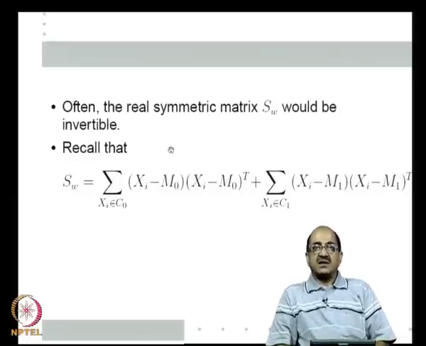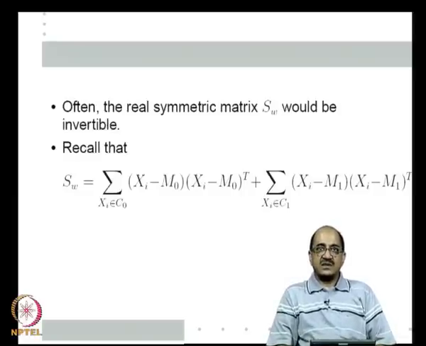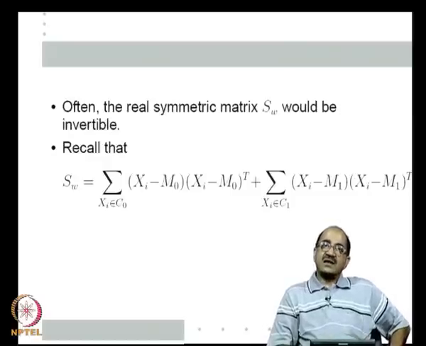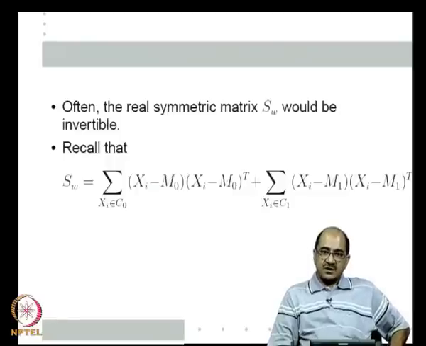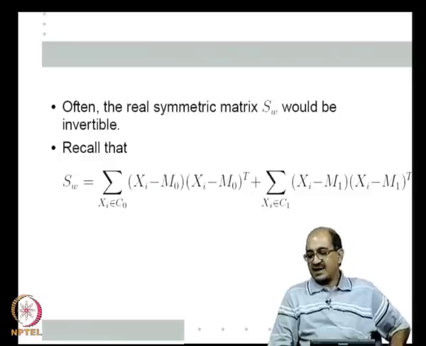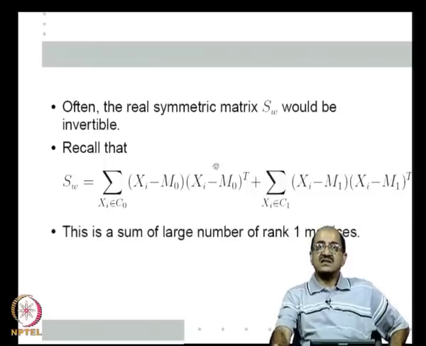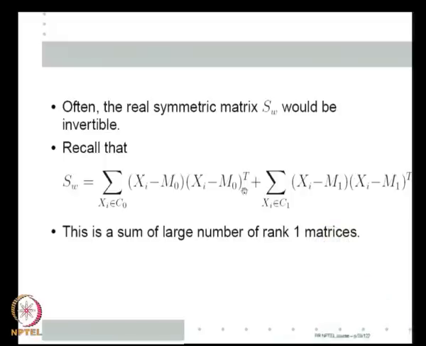Suppose I add x2 minus M0 into x2 minus M0 transpose to x1 minus M0 into x1 minus M0 transpose. If x1 and x2 are linearly independent, then this becomes a rank 2 matrix. So if I keep adding many rank 1 matrices, the rank can at most go up by 1 each time, but if we assume there are sufficiently many, the first reason is that this is the sum of a large number of rank 1 matrices.